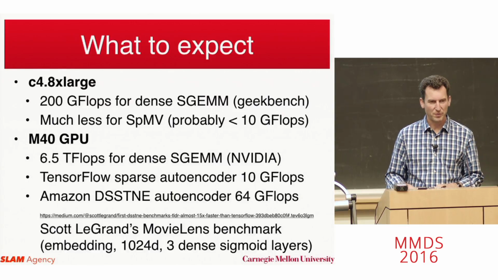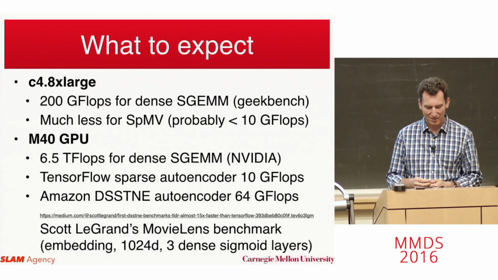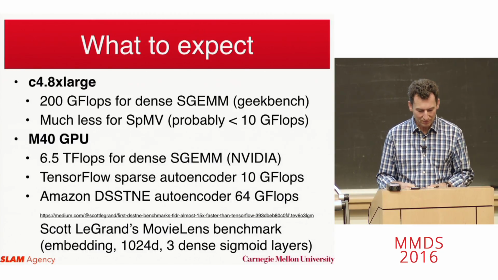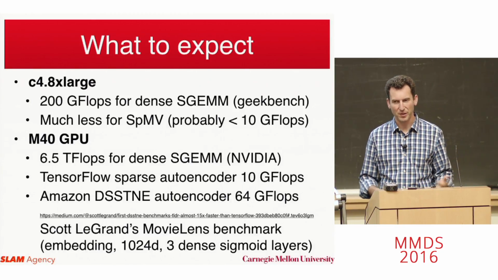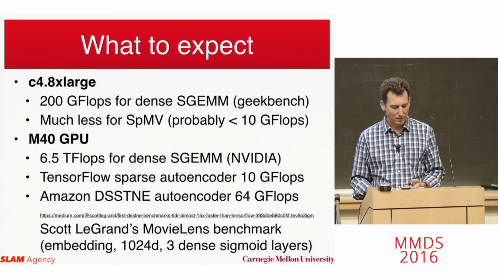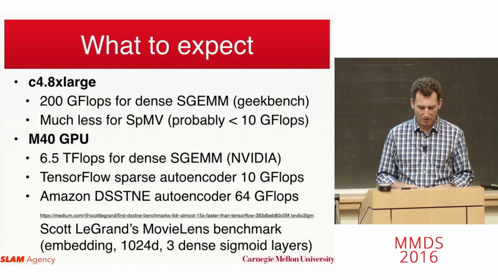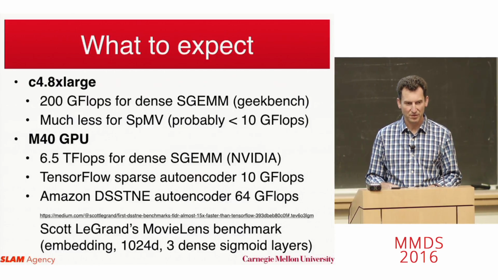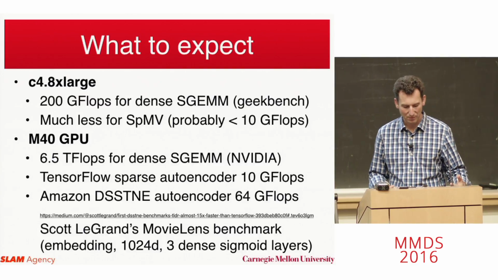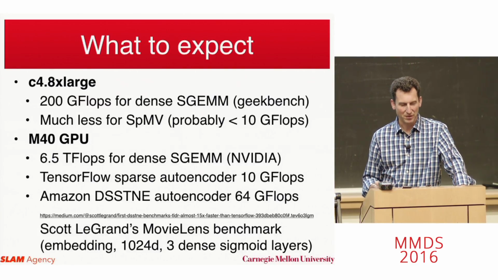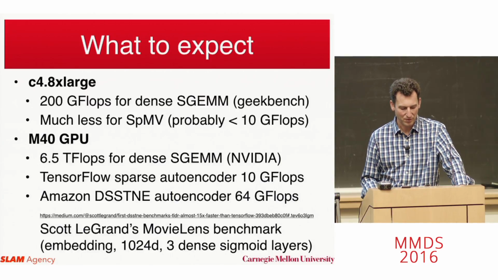If you were to do sparse matrix vector multiplication, you'd probably get about 10, maybe 20 gigaflops, because sparse is usually a lot more expensive than dense. An M40 GPU will give you about 6.5 teraflops for dense SGEMM. These are numbers that NVIDIA gives you. So basically, we're a bit over an order of magnitude faster than what the largest CPU instance currently gives you.